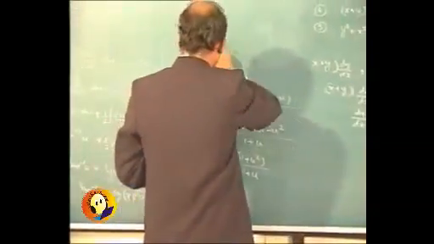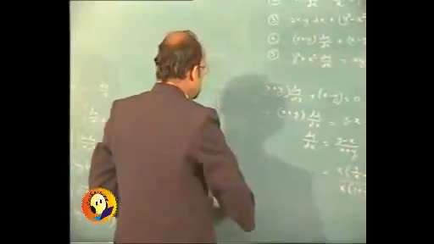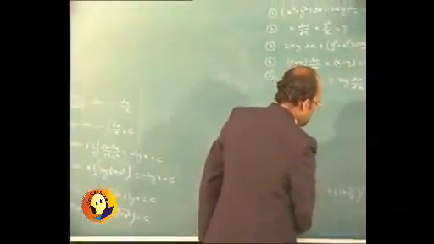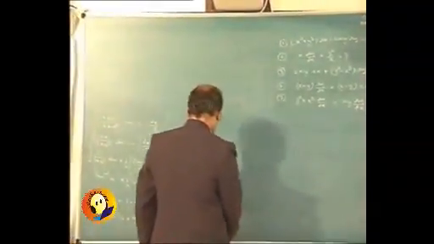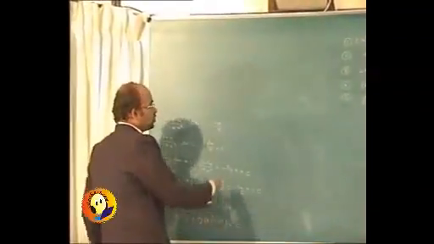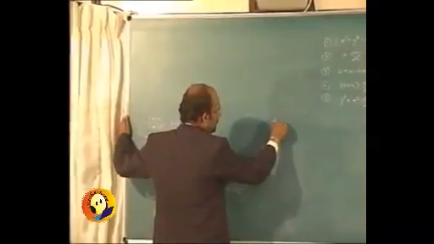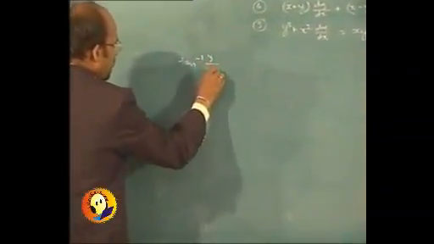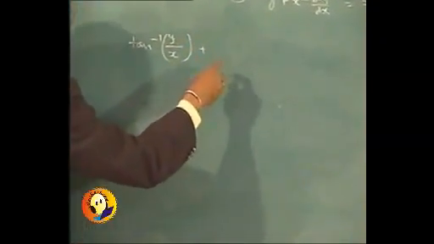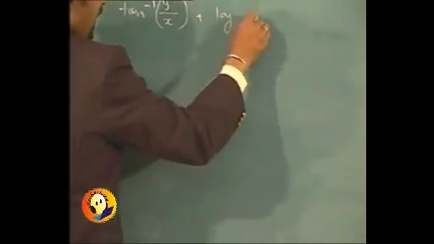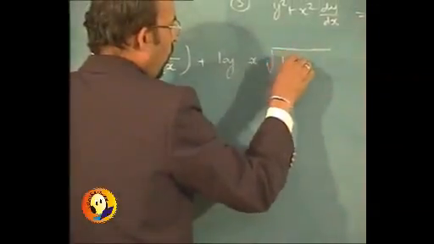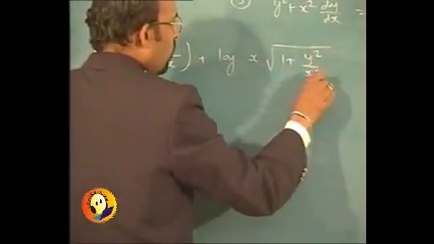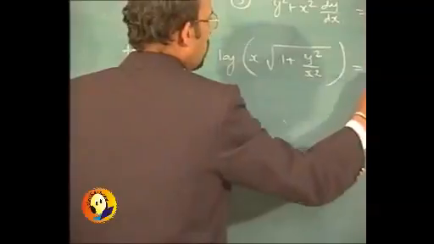Now we can resubstitute the value of u as y upon x and rewrite the solution that we have obtained as tan inverse of y by x plus log of x into under root of 1 plus y square upon x square equal to constant.